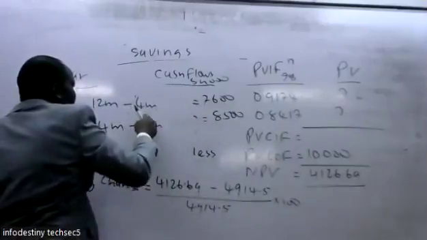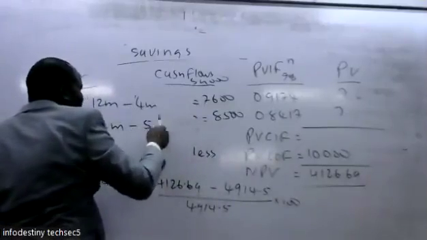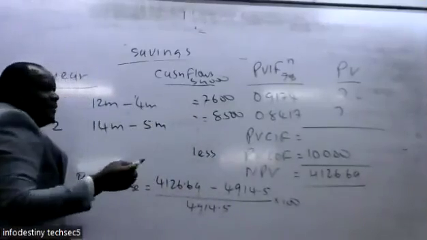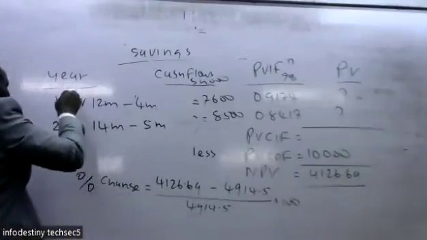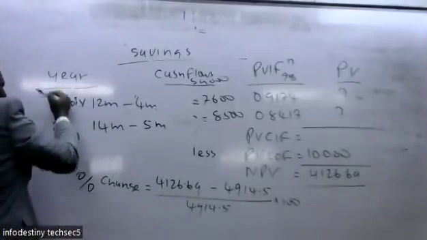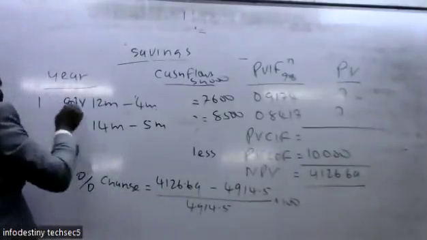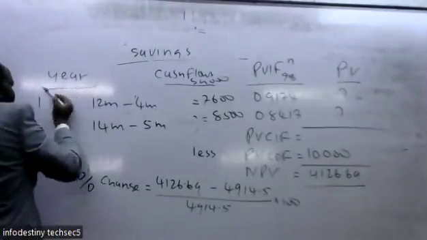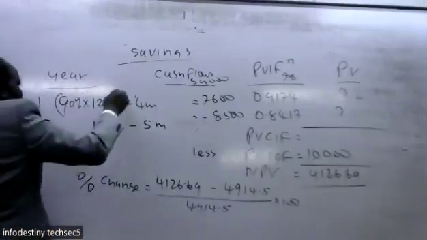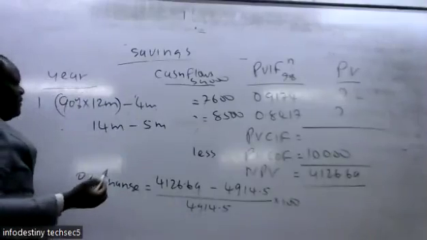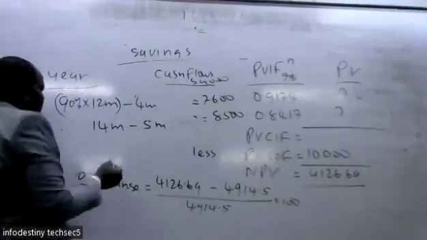You see the running cost, they will go back. But these savings, reduce them by 10%, whereby you get 90% of the 12 million before you subtract the 4 million.